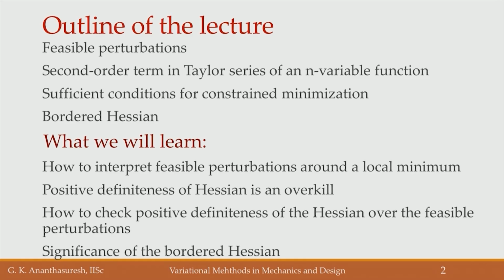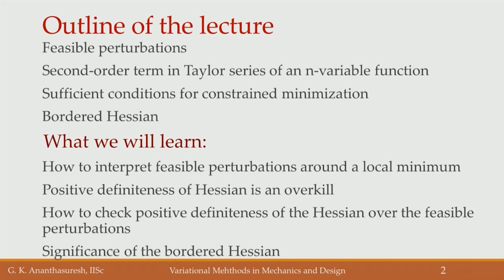This concept of bordered Hessian is very important to know if a given minimum is sufficient or not, to do it easily. What we will learn in this lecture will be how to interpret the feasible perturbations around a local minimum.